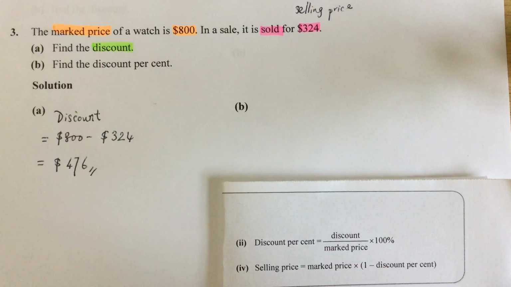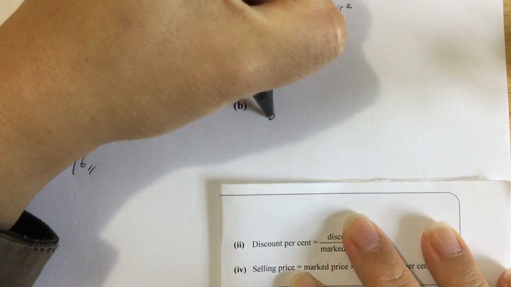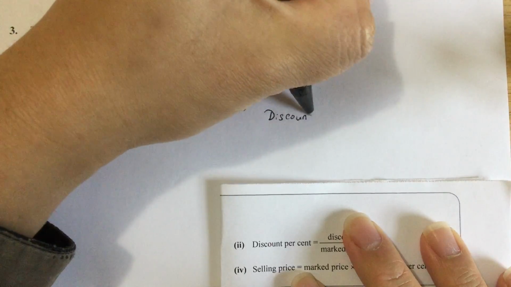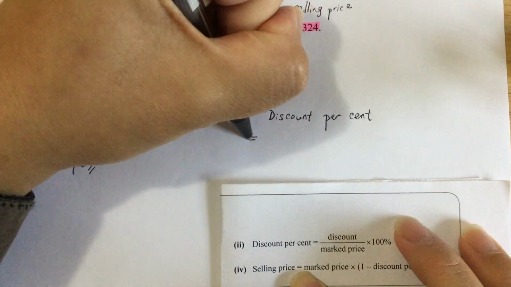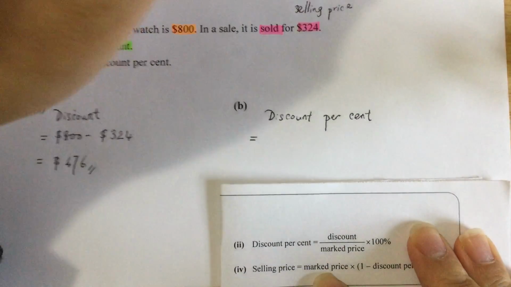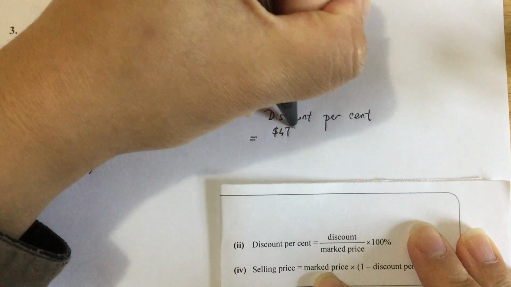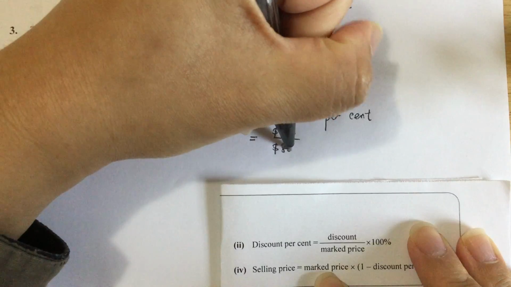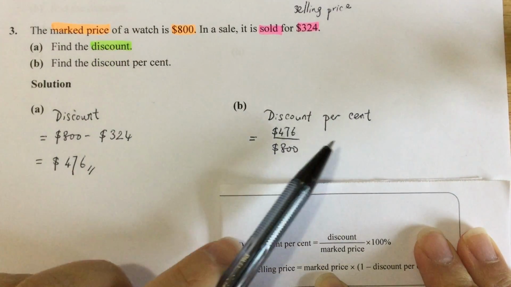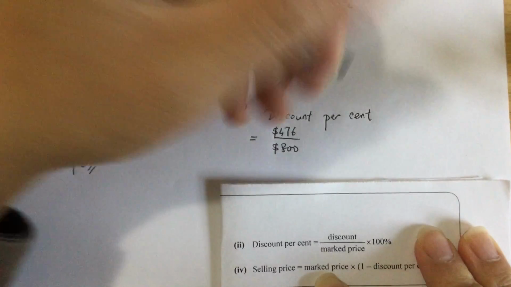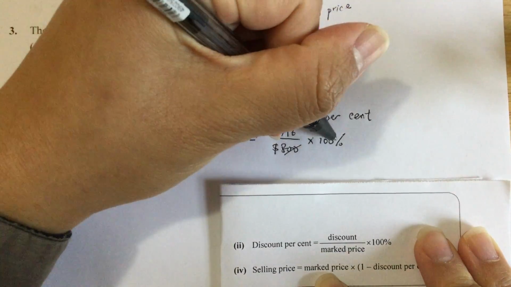Okay, now I'm going to tell you the answer for the discount percent. First of all, we have the discount. The discount we have is $476, over the mark price, $800. You times 100%, and then we can do the cancellation.